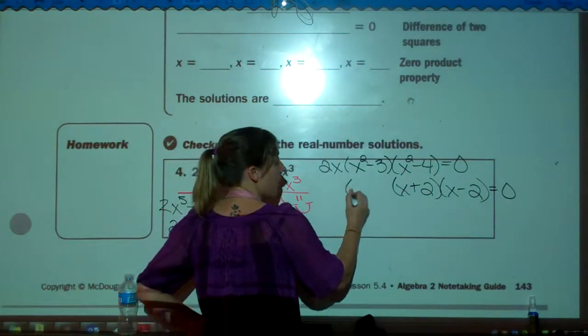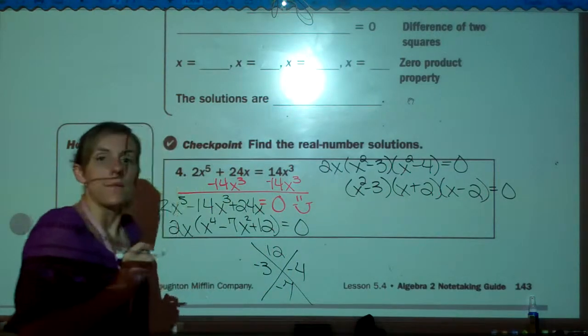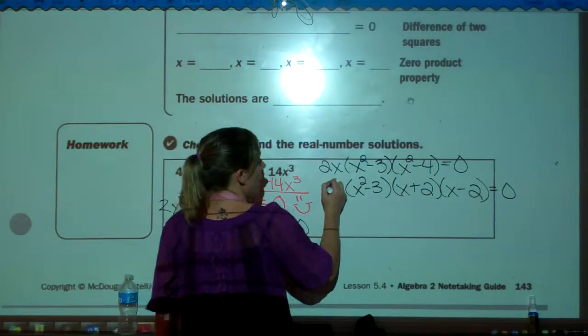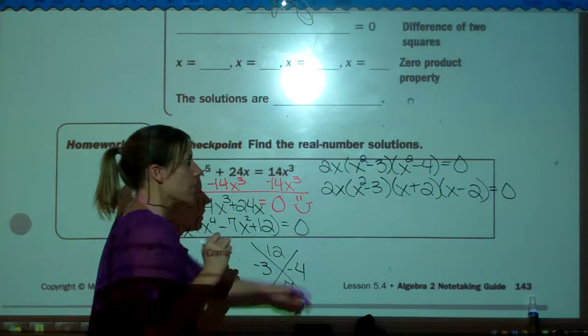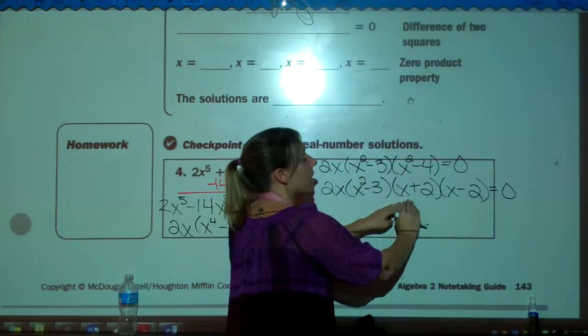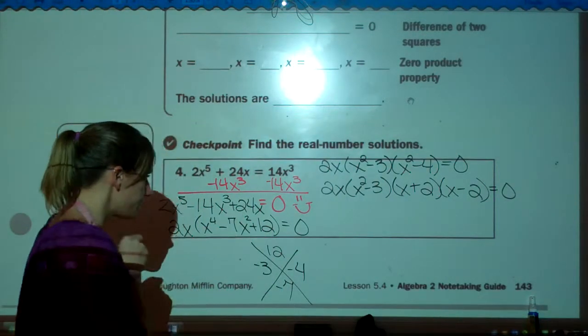This one doesn't work that way because you can't get the same thing to multiply up to 3, and then you've got 2x still out front. So this is the GCF. This is what we did with our trinomial. Now we're breaking it all the way down from the binomial.